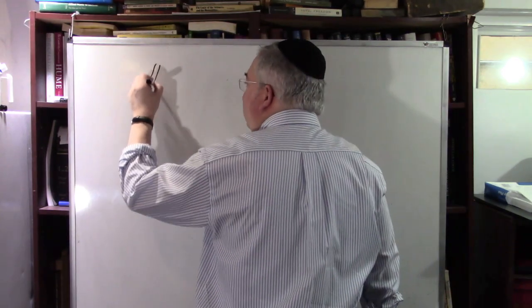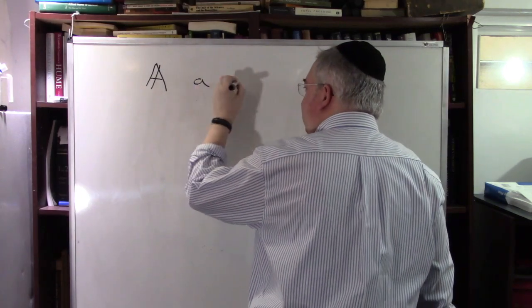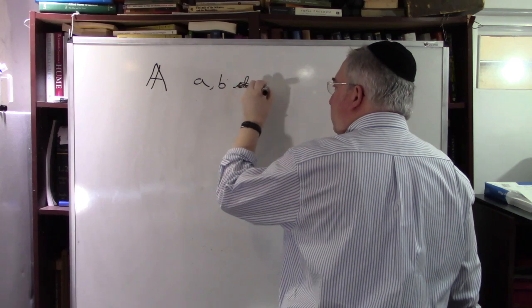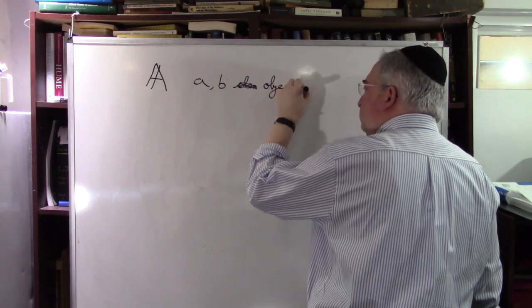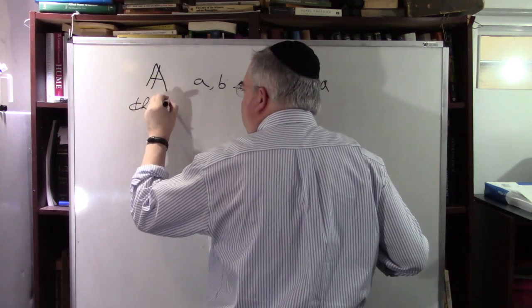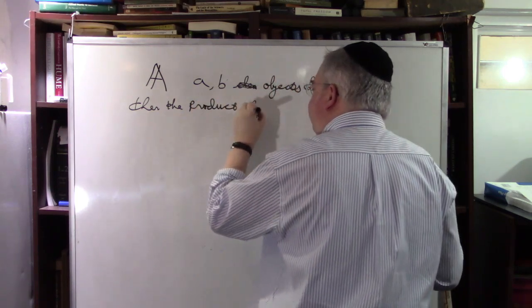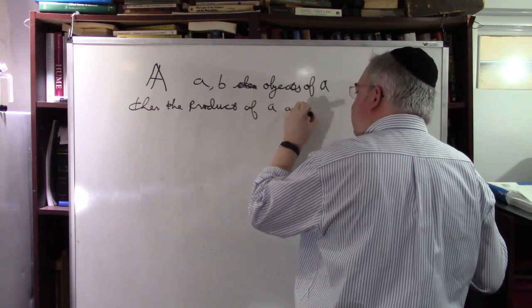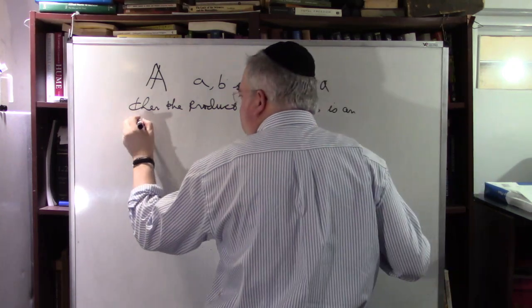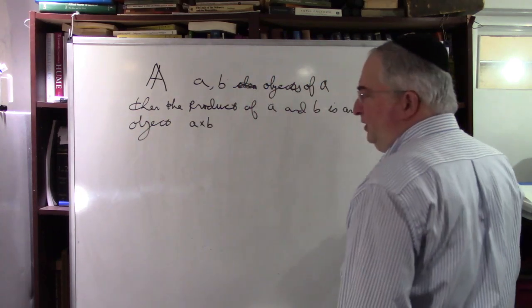So, given a category A with 2 elements, or objects, A and B of A, then the product of A and B is an object A cross B. We write it like that.